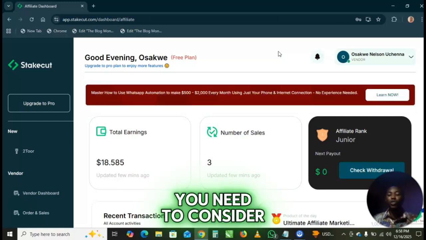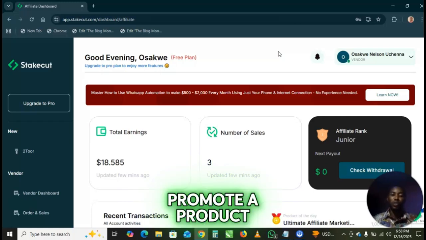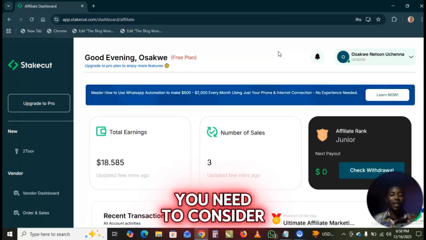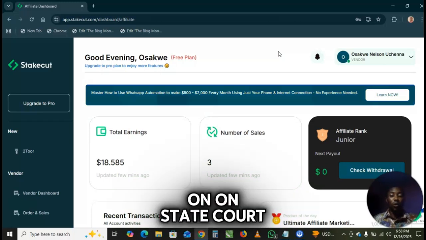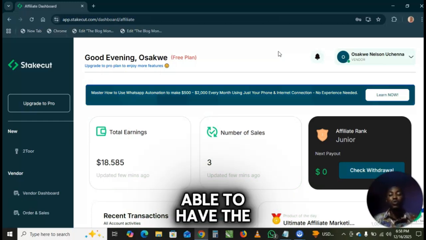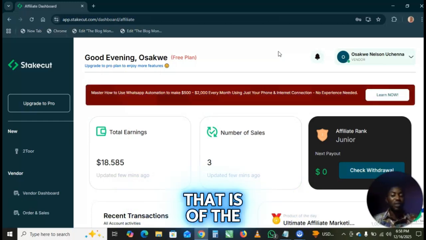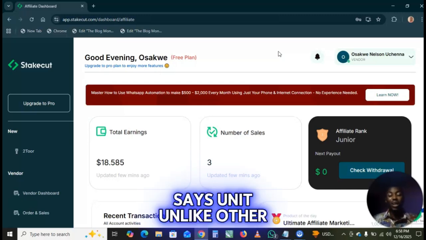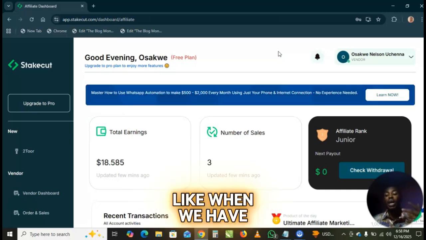Now, the first thing you need to consider before you promote a product is the conversion rate. Though on Stakecut, you may not be able to see the conversion rate, that is the sales unit, unlike other platforms like Warrior Plus and JVZoo.